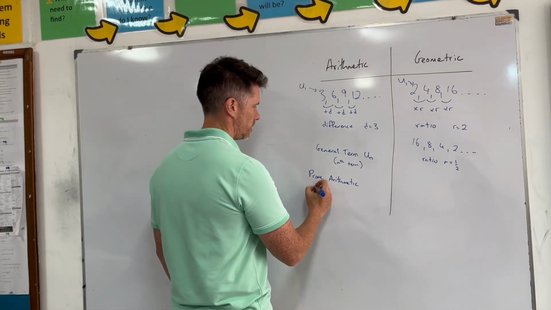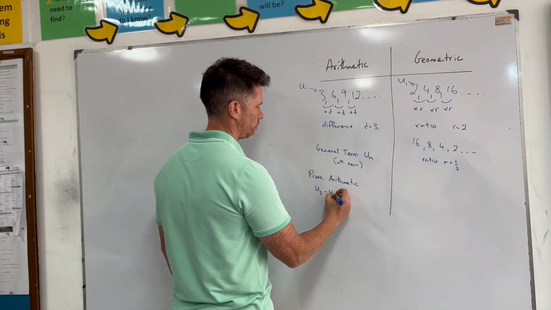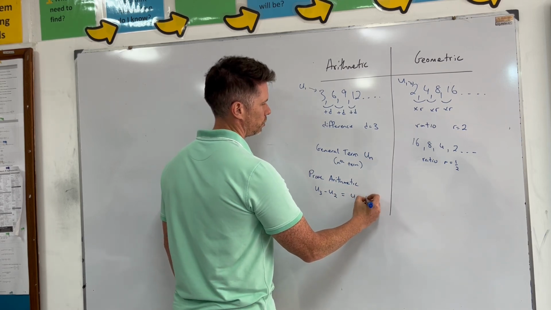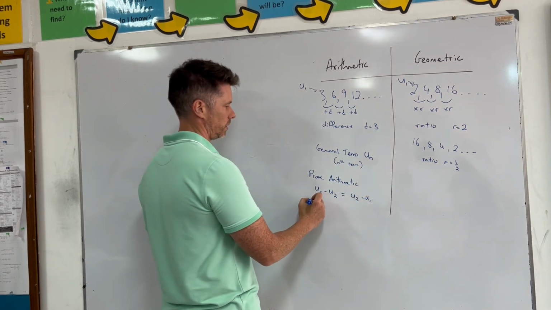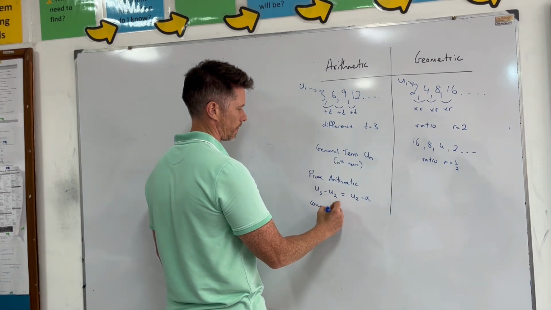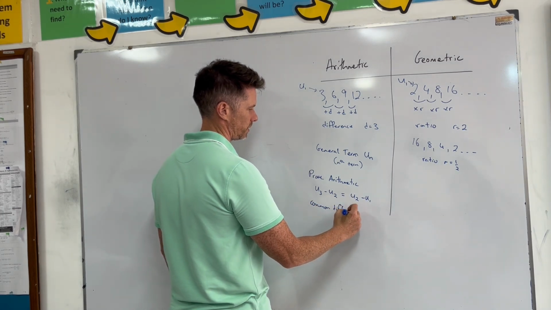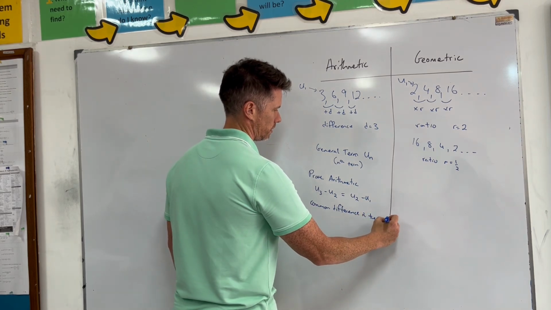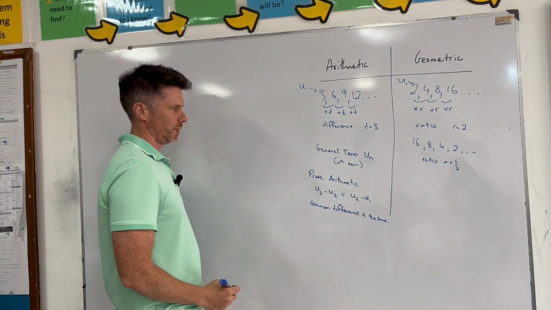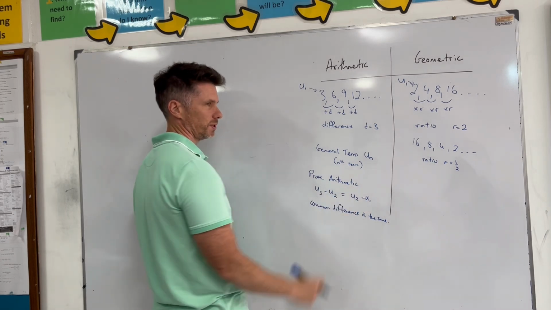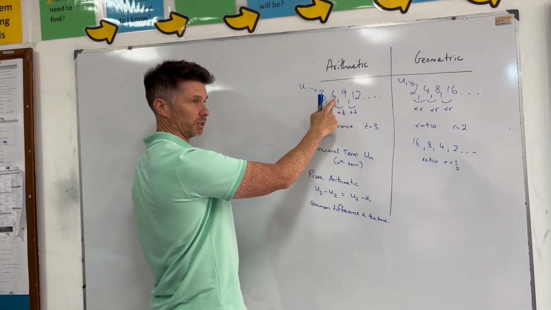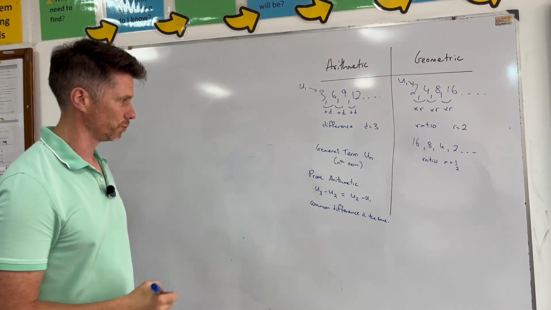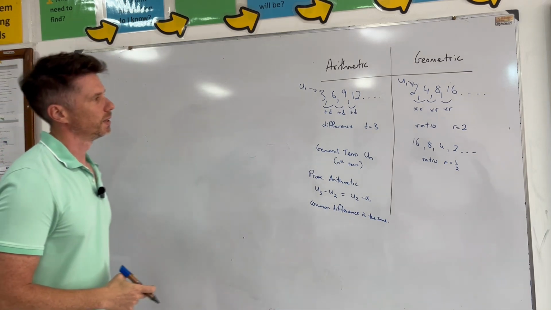So for instance, U3 take away U2 is equal to U2 take away U1, then the common difference is the same, and you've proved it. In other words, 9 take away 6 is 3, 6 take away 3 is also 3, so the common difference is the same, so we proved that something is arithmetic.